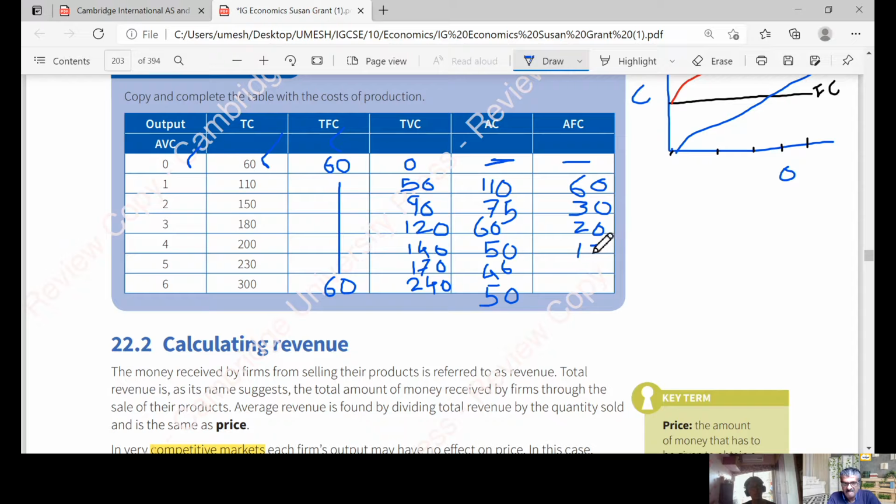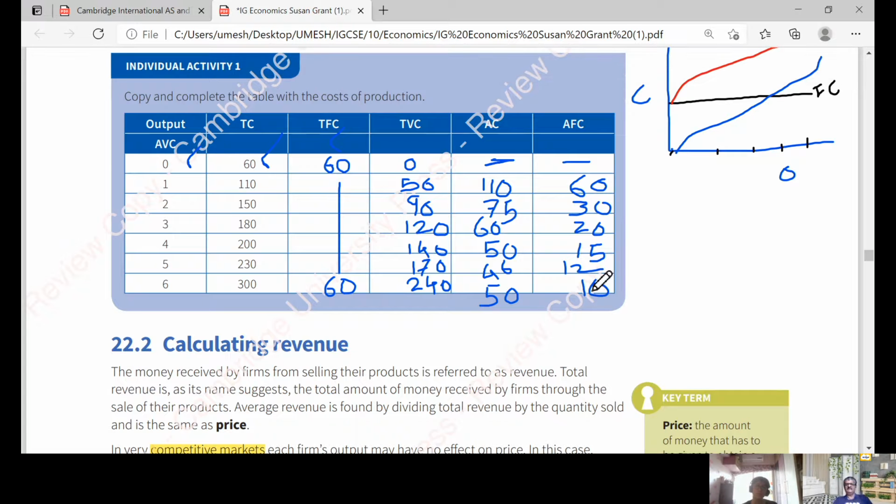15. This is 12. And this is 10. So what we have learned here is that if you are only talking about fixed cost, it is a parallel line.